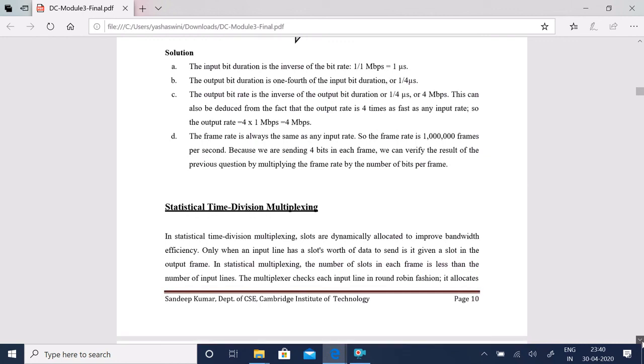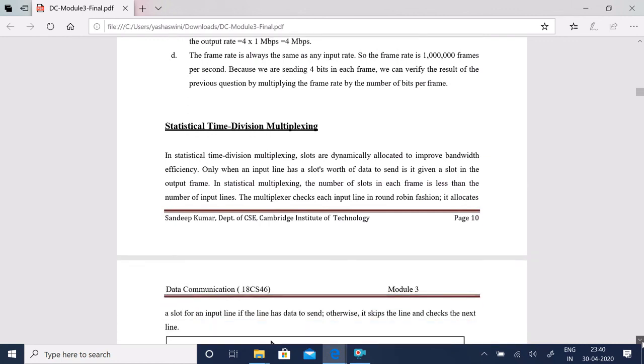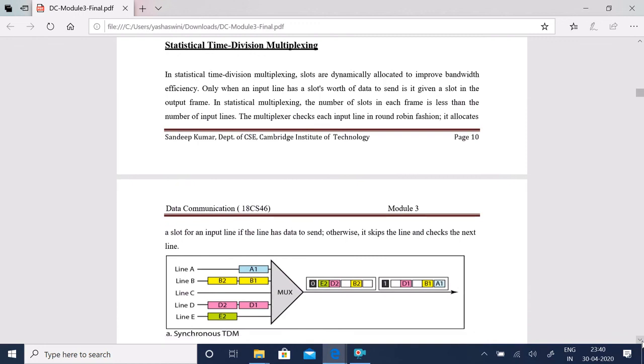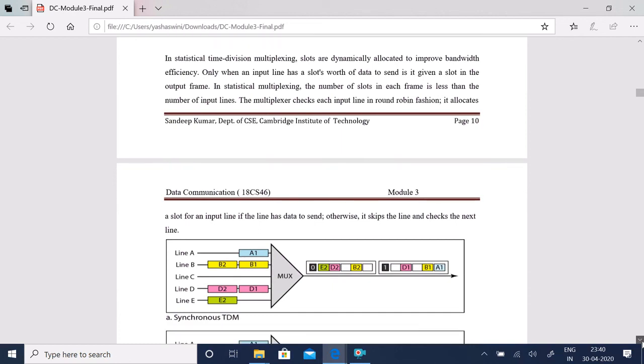We'll go ahead with the second type of time division multiplexing, that is statistical time division multiplexing. This is a time division multiplexing in which slots are dynamically allocated to the bandwidth. Depending upon the request, the slots are assigned.